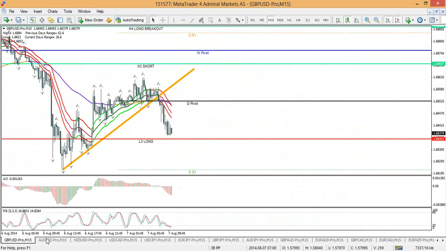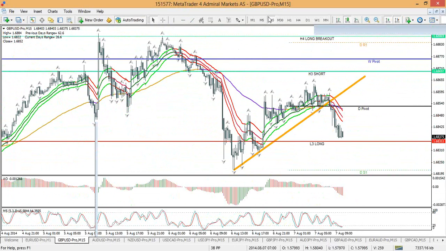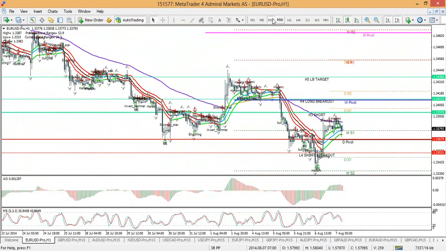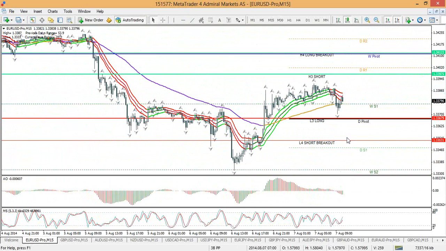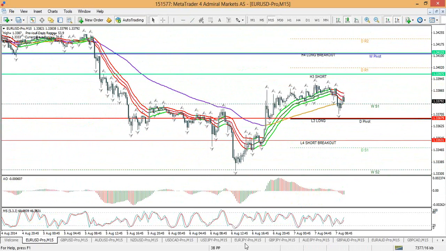Take a look at the Euro Dollar here. Yeah, all of these dollars look pretty bullish. The least dollar bullishness is against the euro. The euro dollar looks the least bearish, in other words. So that's why maybe the euro New Zealand, euro yen look better than the other ones.